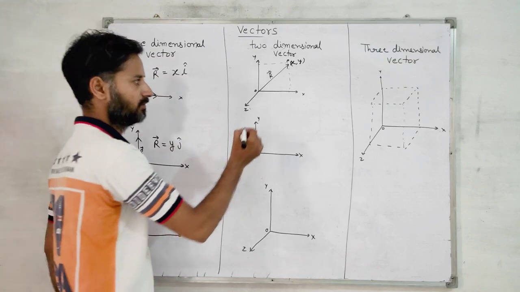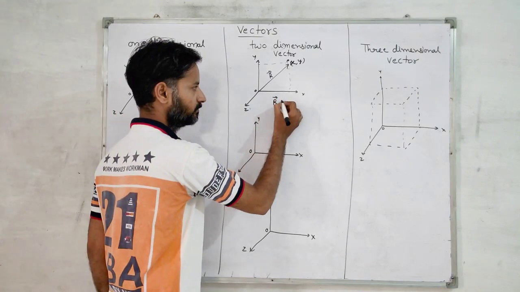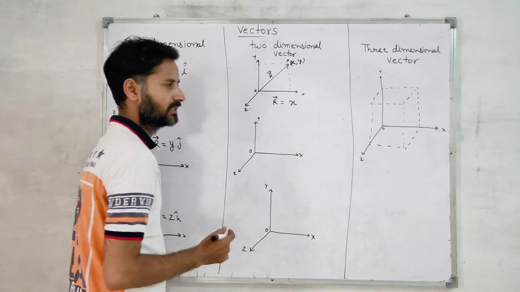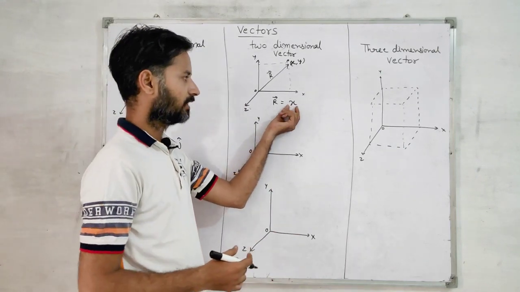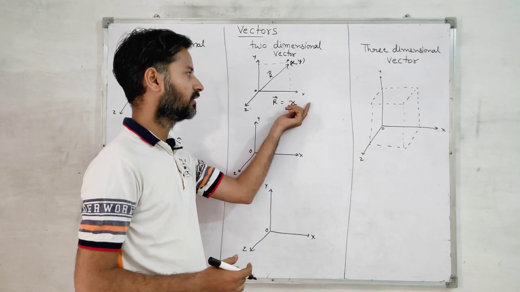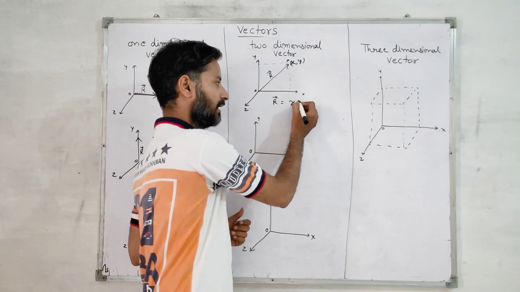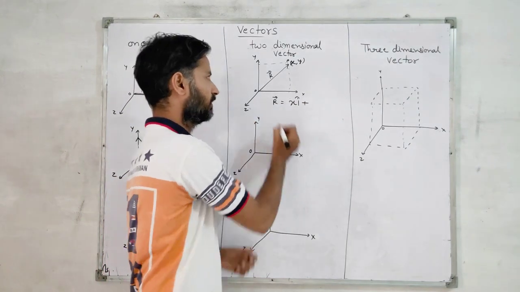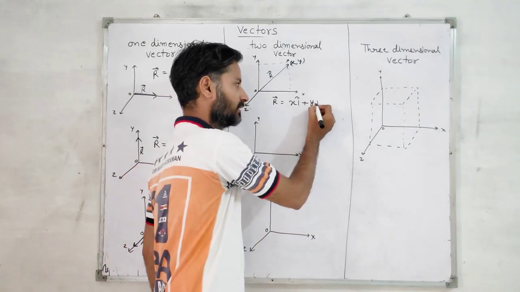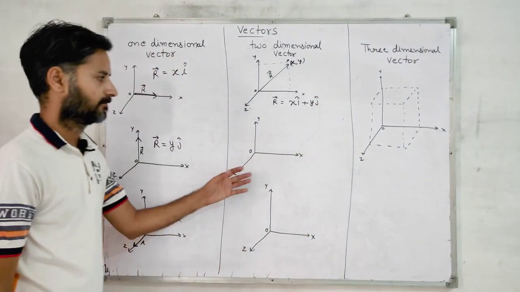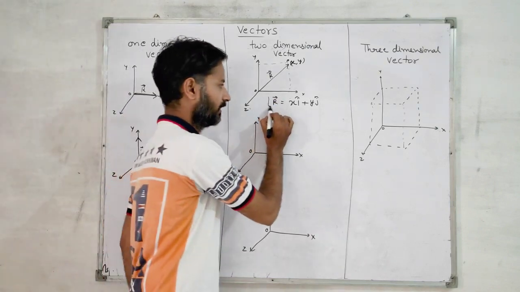Now the vector can be represented as, since this has two values x and y, so one value is x and along the x the unit vector is i cap, one value is y and along the y the unit vector is j cap. So this is our vector.